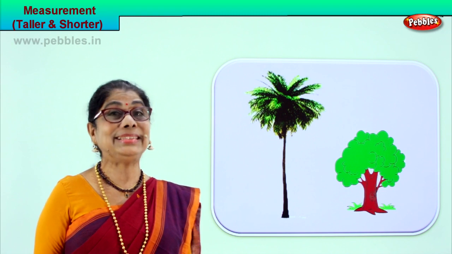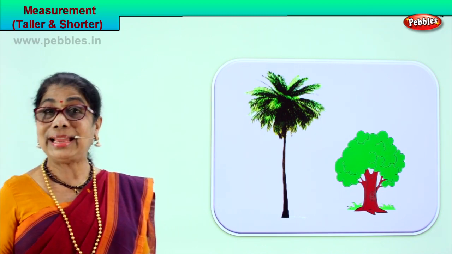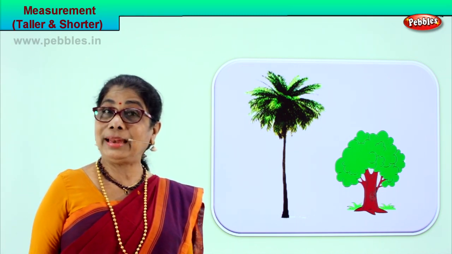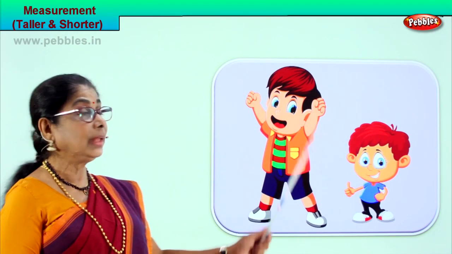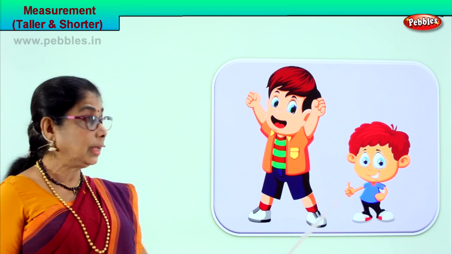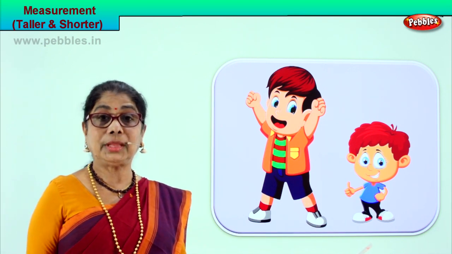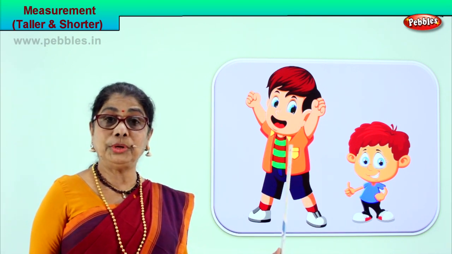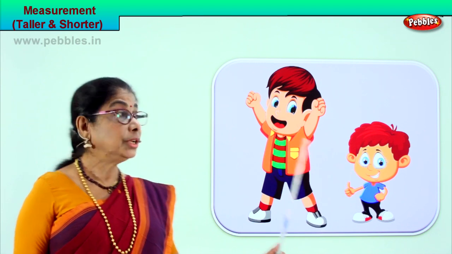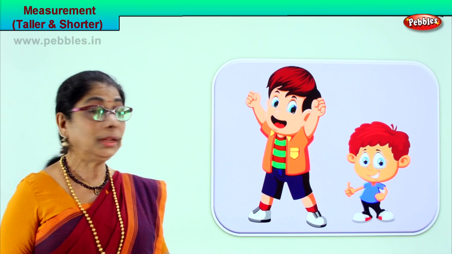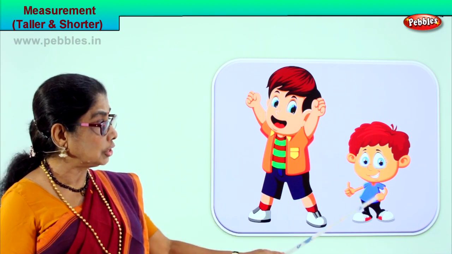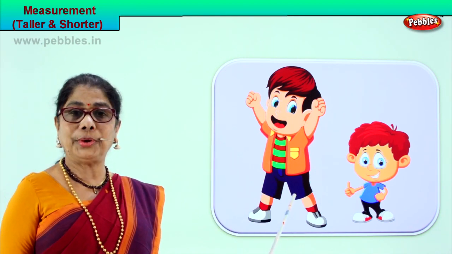The two measurements? Yes. Now just look at another picture and learn for ourselves. Look what we have. We have two boys here. This boy is taller. This boy is shorter. Then we say this boy is taller than this little boy. Or this little boy is shorter than this boy.